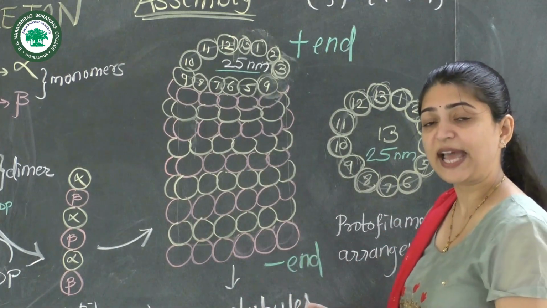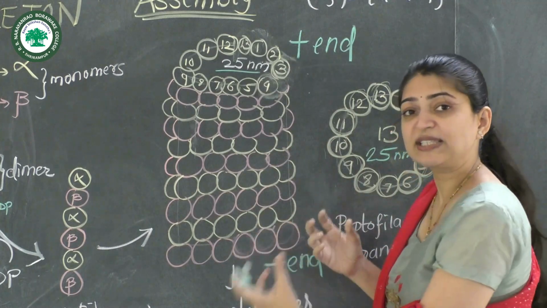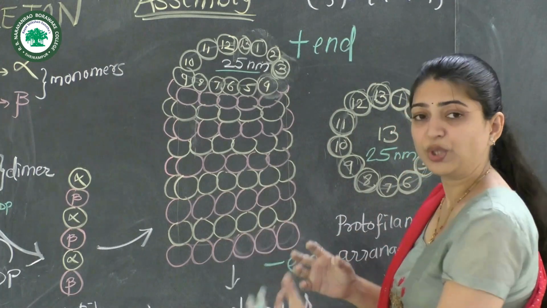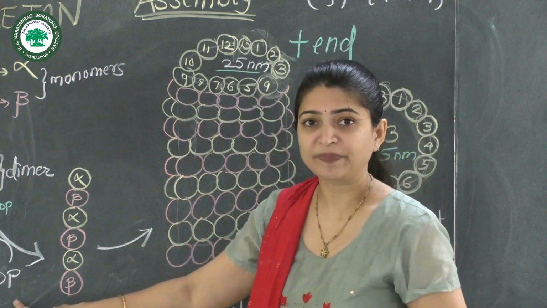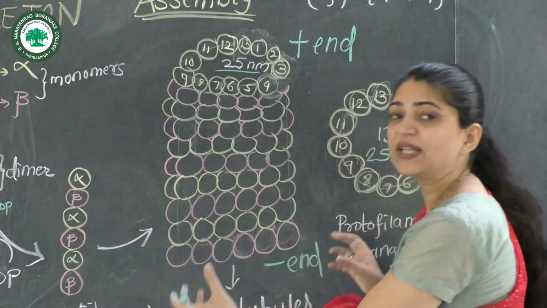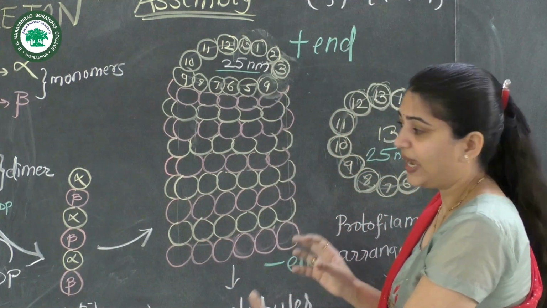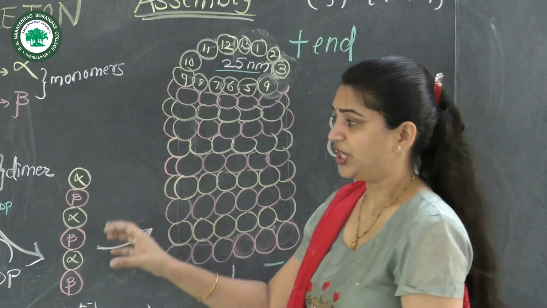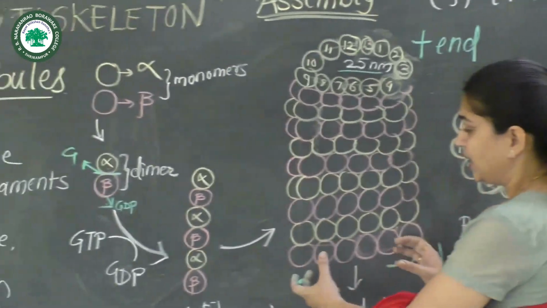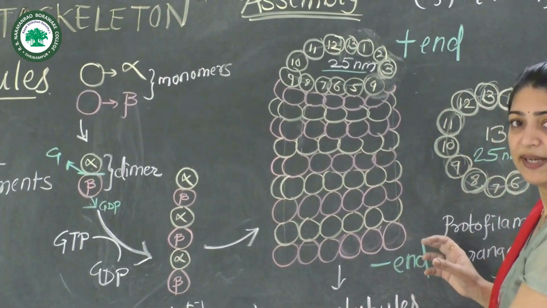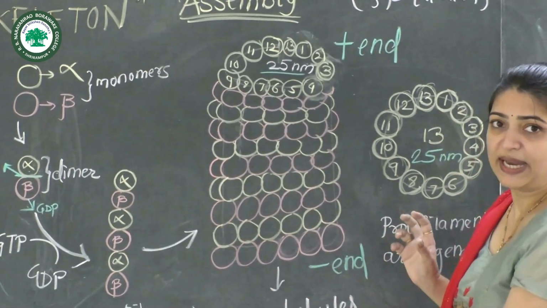Why are the tubulins separated at the minus end? This is due to GDP, meaning hydrolysis takes place there. After GDP is present at the beta tubulin, the tubulins get separated and then disassembly takes place.